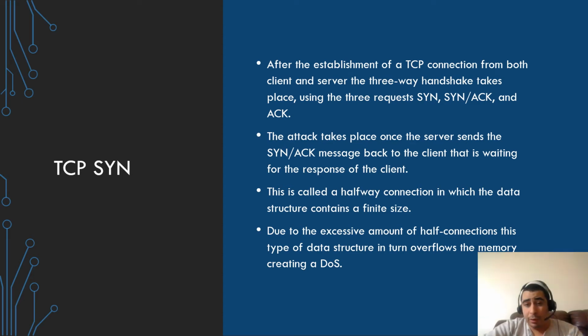This is what we would call a half-open connection, in which the data structure contains only a finite size. Due to the excessive amount of half connections, this data structure in turn overflows the memory, resulting in a denial of service attack.